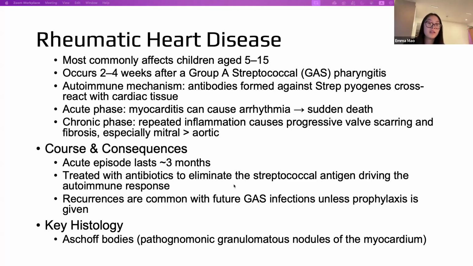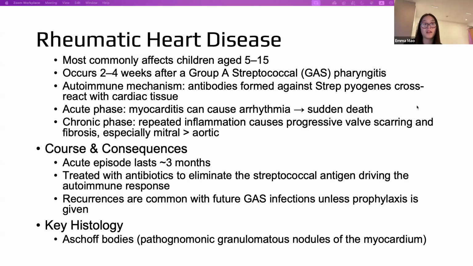Okay. The acute episode can last around 3 months. It's treated with antibiotics to eliminate the streptococcal antigen, and then there may be recurrences in the future with other group A streptococcal infections, so they might need prophylaxis. And then key histology is Aschoff bodies, so granulomatous nodules in the myocardium.